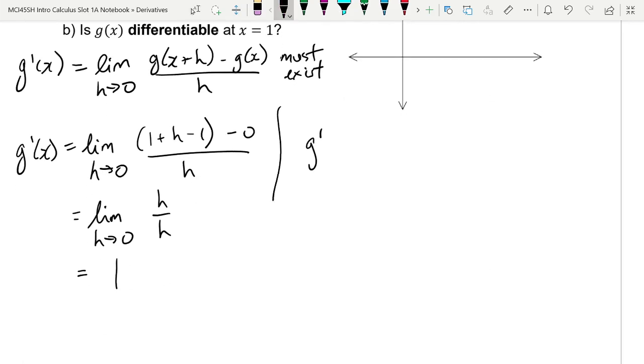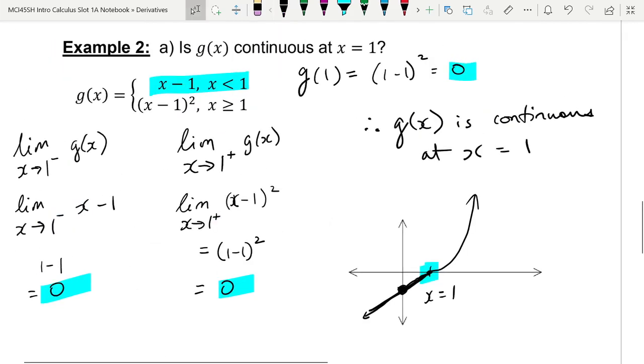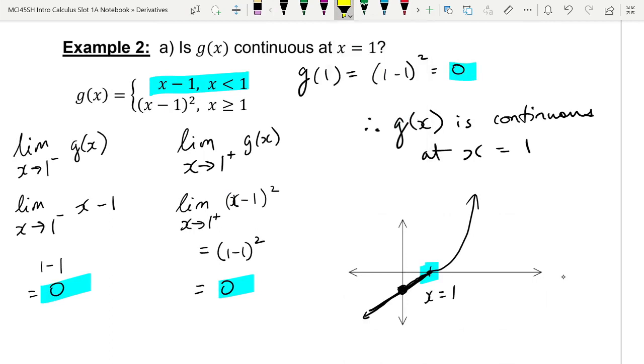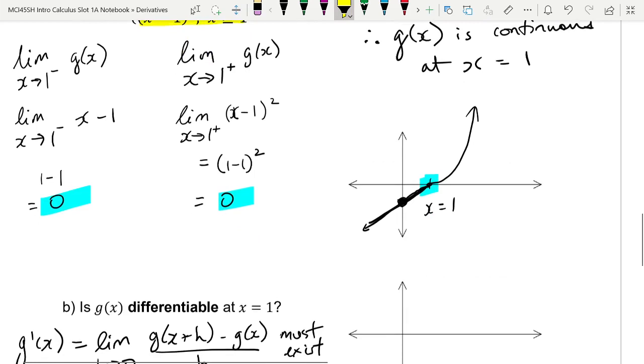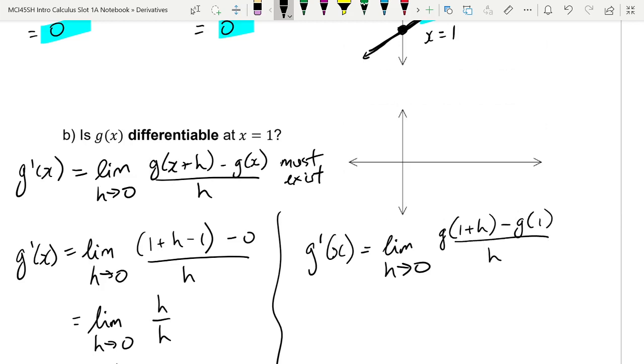g prime of x is going to be the limit as h approaches 0. Okay, the right function now, remember, is this guy. So I'm going to use that one now. So I want the limit as h approaches 0 of g of x plus h, and x is 1, minus g of x, and again x is 1.